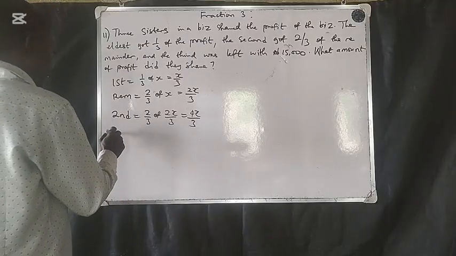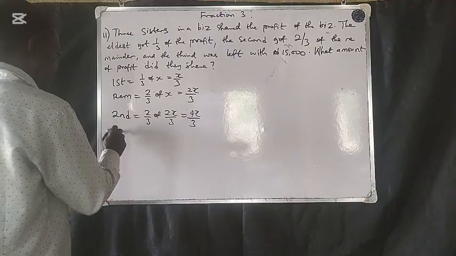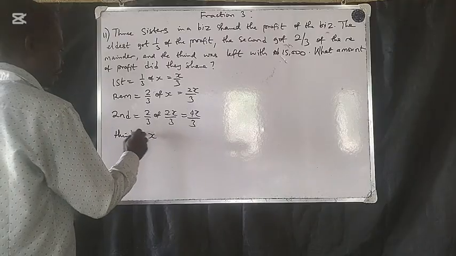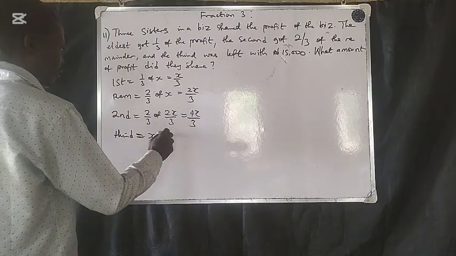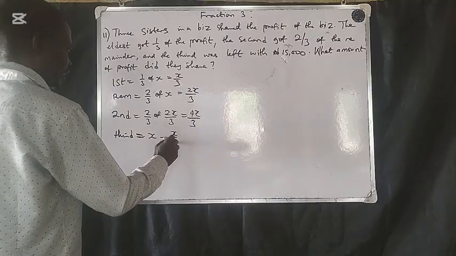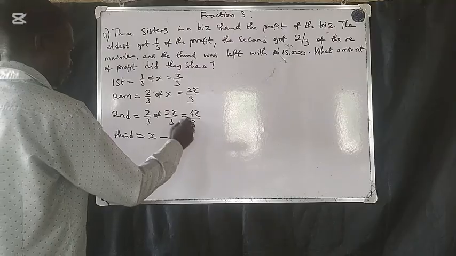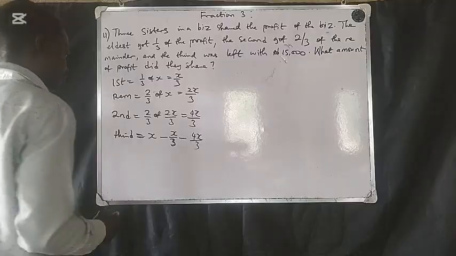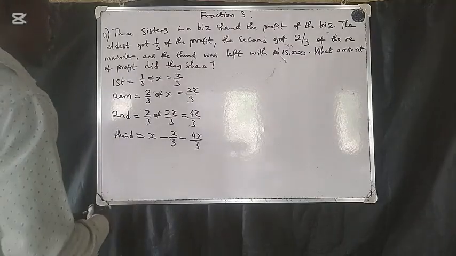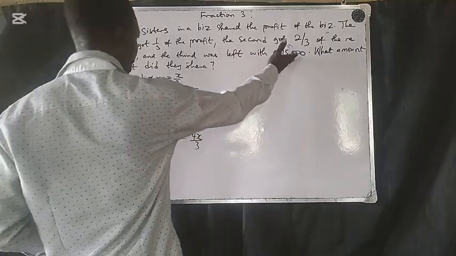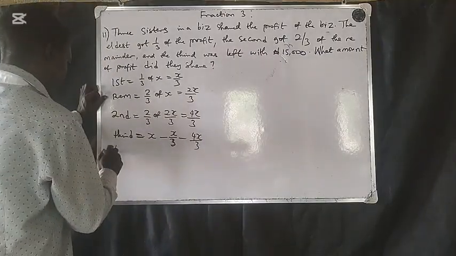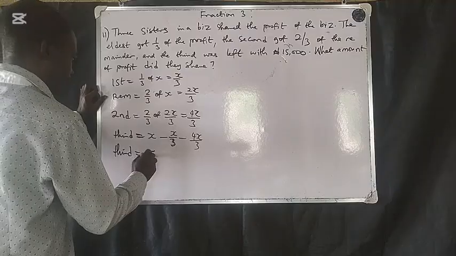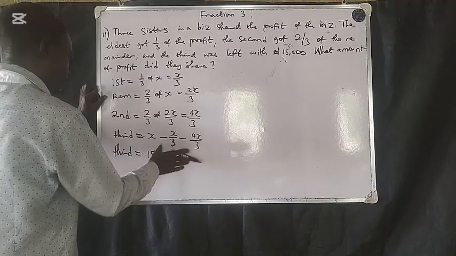Then, as I said earlier, the third person's share should be the amount shared from the beginning, the profit, minus the first person's share, which is X/3, minus the second person's share, which is 4X/3. Then we are given the third person's share again. So we are going to have two values for the third person, and these two values are what we are going to equate.